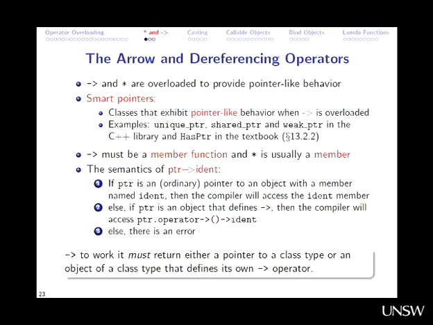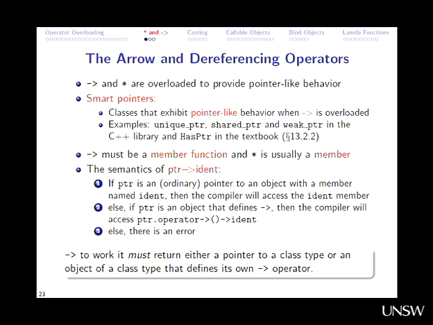Okay, so let's look at pointing and arrows and dereferencing. We can overload the arrow and we can overload the star to provide pointer-like behavior for our classes. And so from next week, we're going to talk about smart pointers.